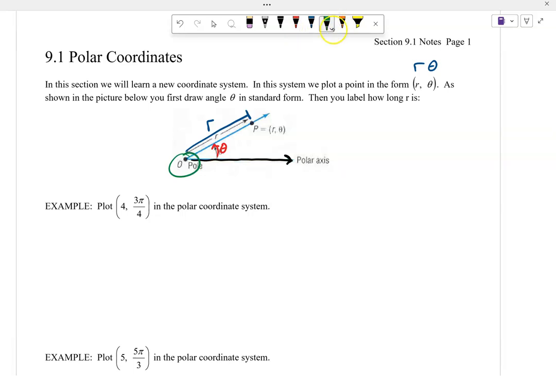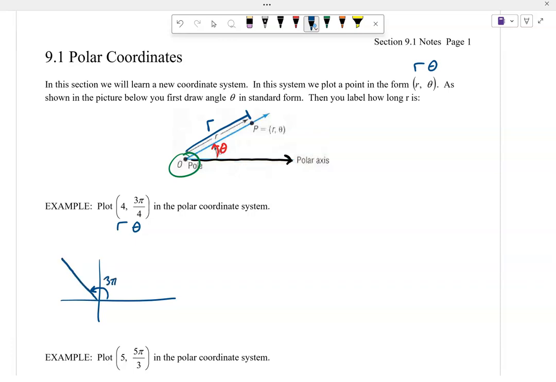So let's do this first one here. Here's our r, here's our theta. We're going to put that polar axis on the positive x-axis side, right? We're going to rotate 3 pi fourths, or 135 degrees.